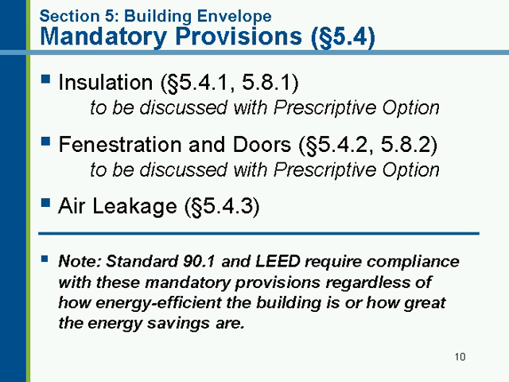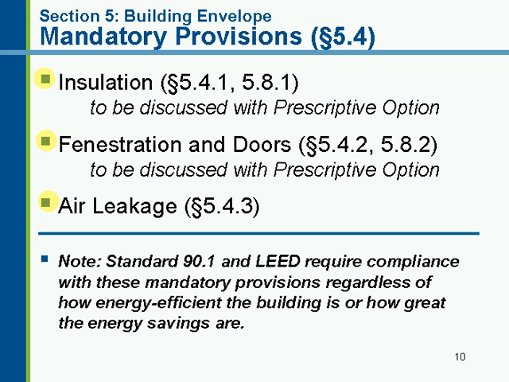So let's start to move into the specific requirements here. First, to talk about the mandatory provisions, there are 3 different sections: insulation in 5.4.1, fenestration and doors 5.4.2, and air leakage in 5.4.3. I think you'll understand the connections better if I talk about the insulation and fenestration when we go through the specific prescriptive requirements. 5.4.1 refers to 5.8.1, and 5.4.2 refers to 5.8.2.